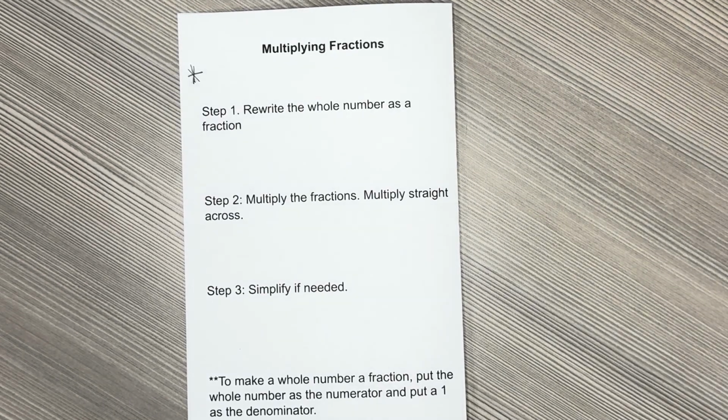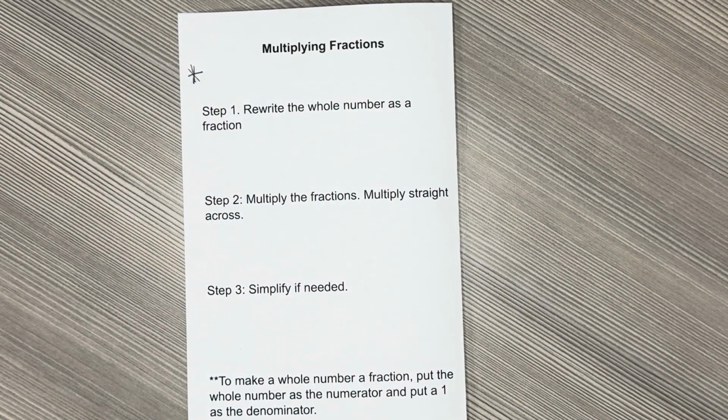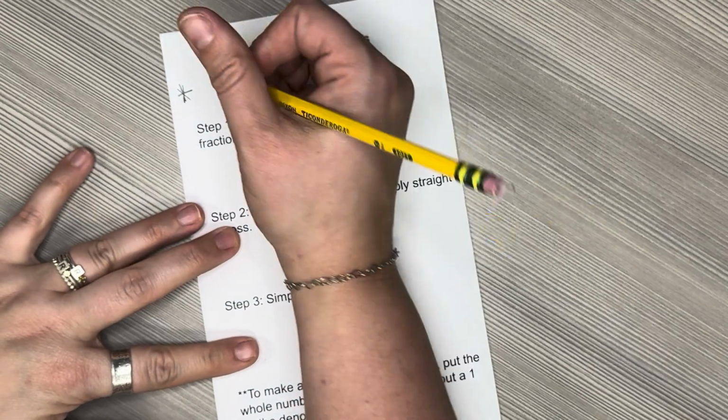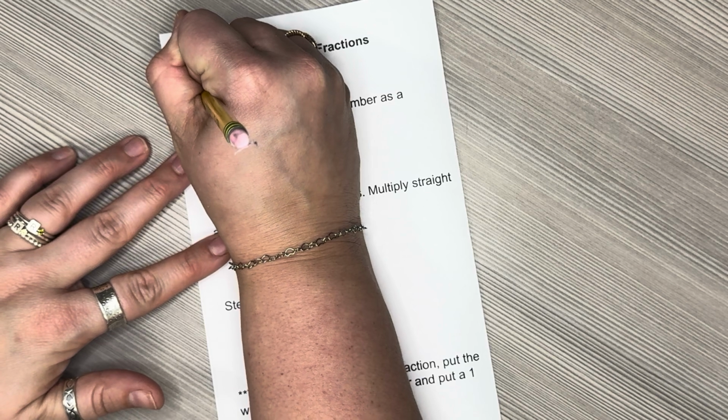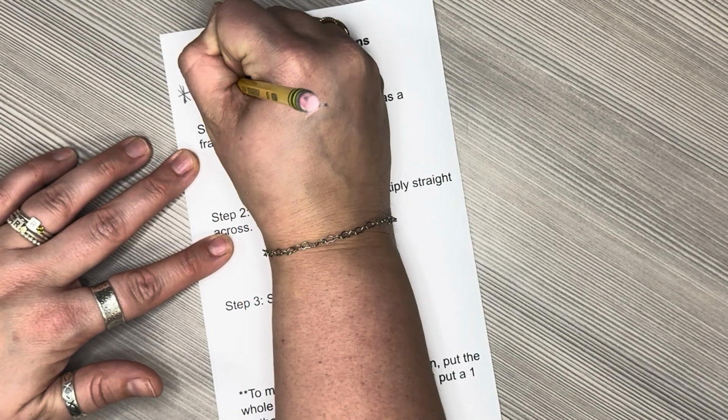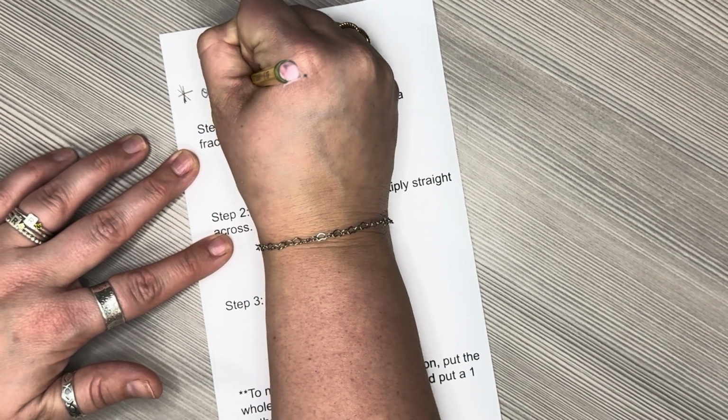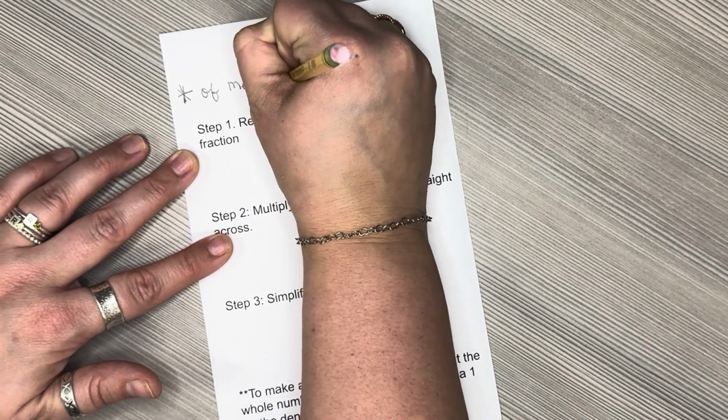Okay, let's look at multiplying fractions using the standard algorithm. The first thing that I would like you to write down is "of" means multiply.